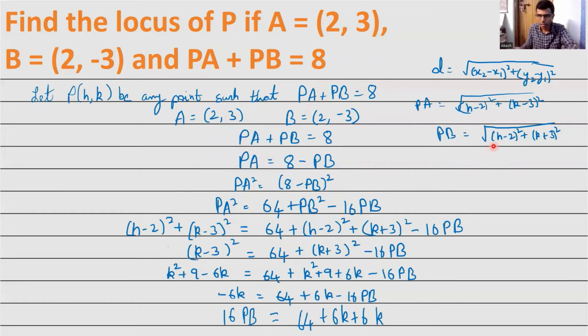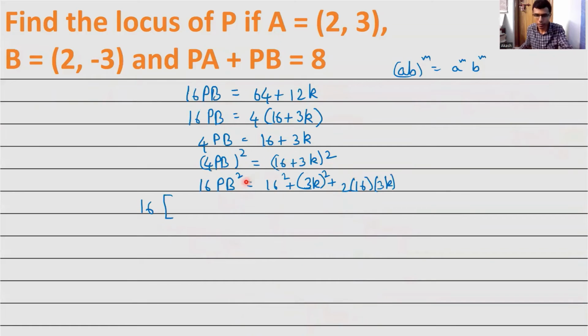So 16 into PB square. What is my PB? This term. And PB square would be this term without square root. H minus 2 whole square plus k plus 3 whole square is equal to 16 square is 256, 256 plus 9k square plus 2 into 16 is 32, 32 into 3 is 96, 96k.